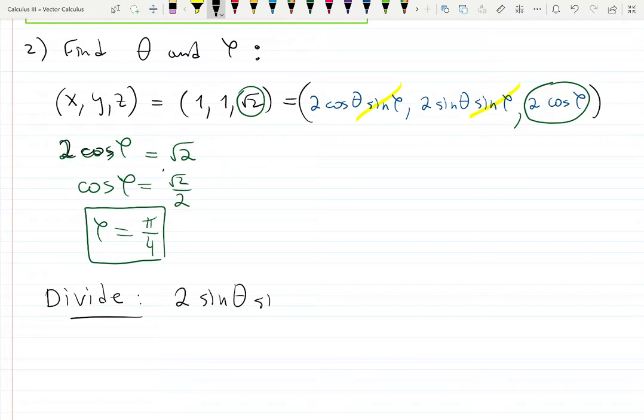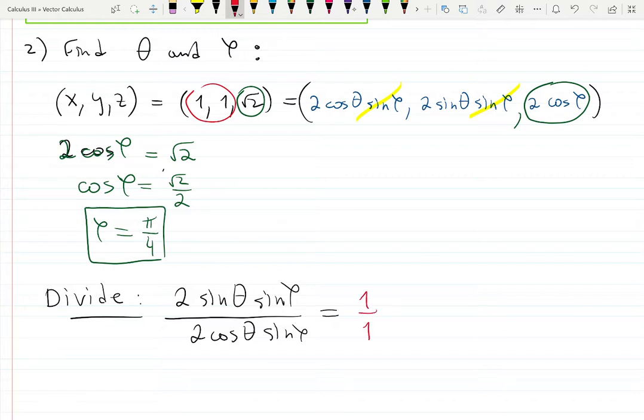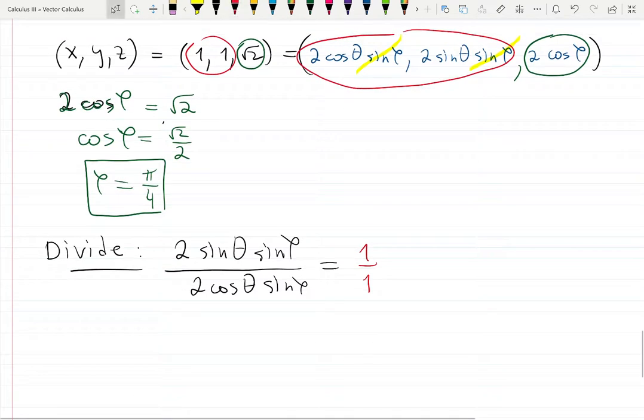Sine theta sine phi over 2 cosine theta sine phi. Then what will be on the right hand side if I divide second over the first one? That's true, but I wanted to make it 1 over 1, right? So this piece divided is 1 over 1 from the point.